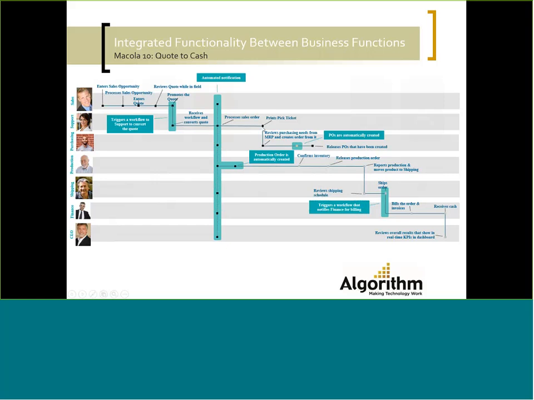I then have a pick ticket that gets printed and MRP that gets processed, and then purchase orders are automatically created based on MRP requirements. Production orders can be automatically created based on forecast demand. I run through that process and I ship the order, and I automatically invoice my customer via Event Manager, so I don't have to email or print and paper send invoices. So this entire process is an integration of all of those different elements that you get in a Macola 10 environment.